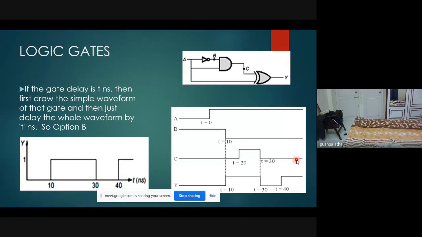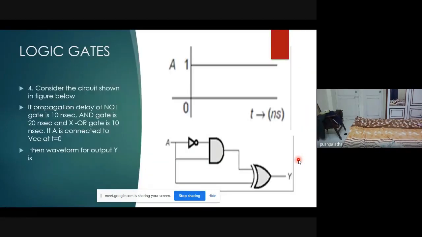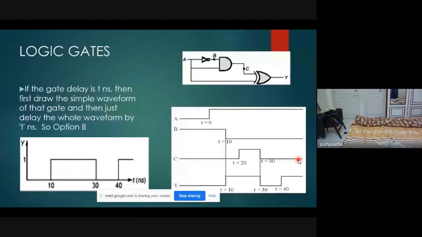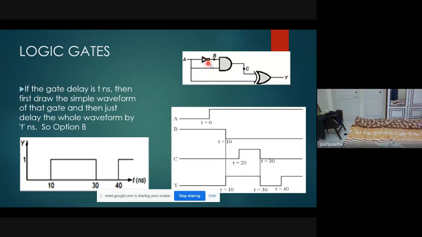Clear? So what is the XOR gate delay? The XOR gate delay is also 10 nanosecond. Now the output Y you have to take. So 10 nanosecond, 20 nanosecond plus another 10, so totally 40 it should cross. So the output is actually 1. First I am giving 1 here.